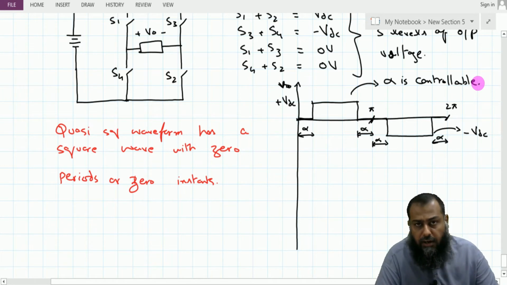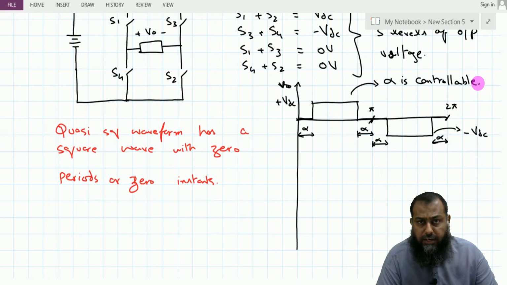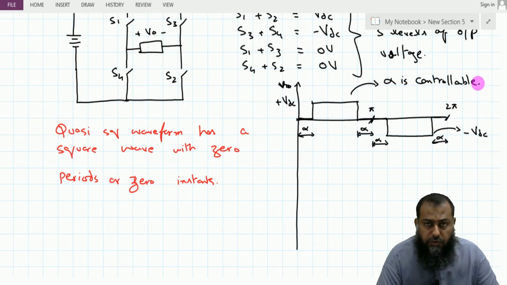With this controllable alpha, it is possible to get rid of selected harmonics from the harmonic spectrum, which is very helpful, because without using an additional filter network at the output of an inverter, this scheme provides the ability to eliminate a certain group of harmonics or a certain harmonic.